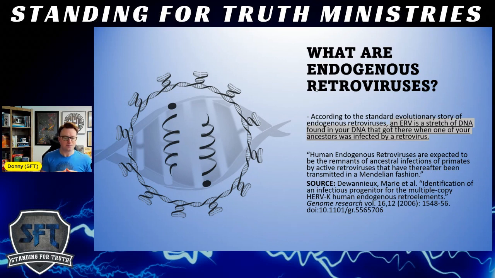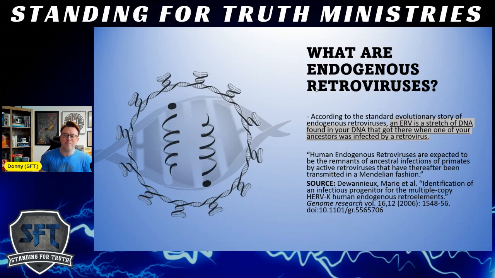Endogenous means originating from within. And so we're born with these ERV elements or sequences or pieces of ERVs, just solo LTRs, in our genomes already. And we're going to get into how the evolutionists explain the existence of ERV sequences according to their evolutionary story.